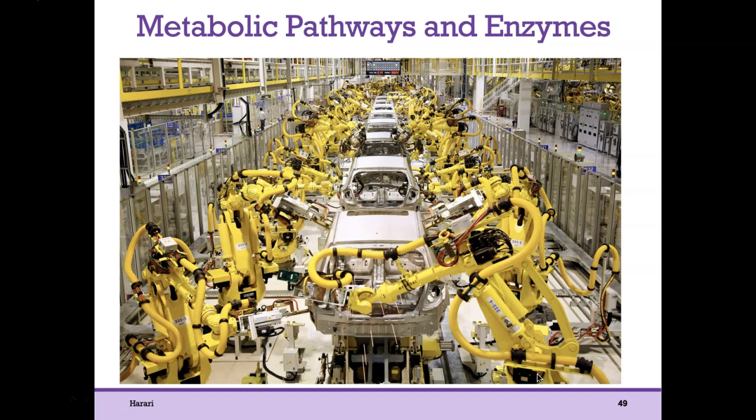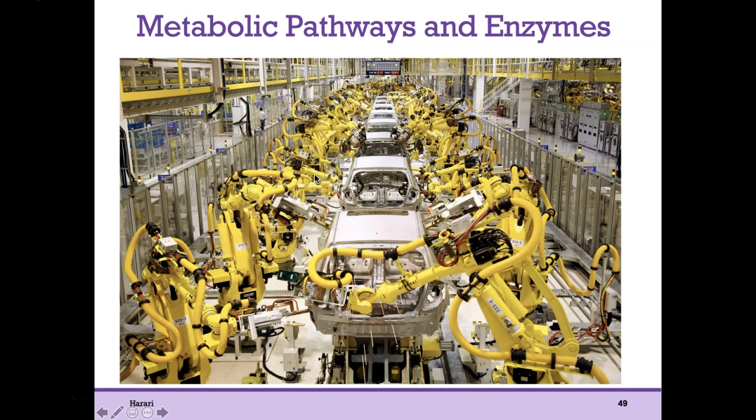I like to think about it as like a car assembly line. So all these robots are in a specific sequence, and each robot is programmed to only do one small thing, right? So each robot can tighten one type of bolt or something. It can only screw in one type of screw, right? But if I switch the order of these robots, you would not be able to build a functional car, right?